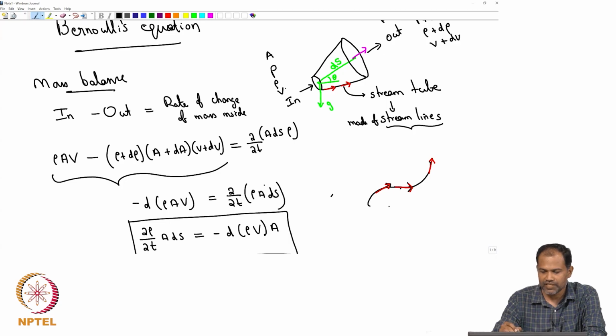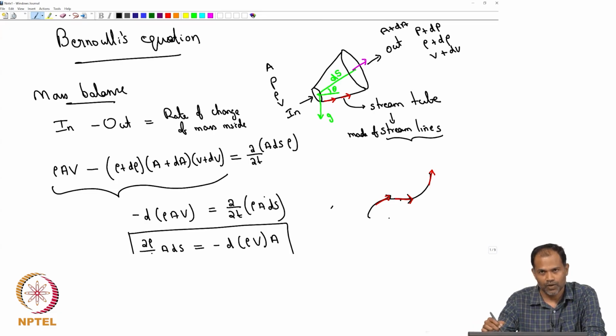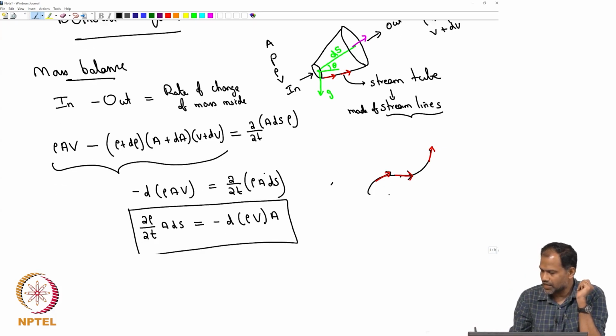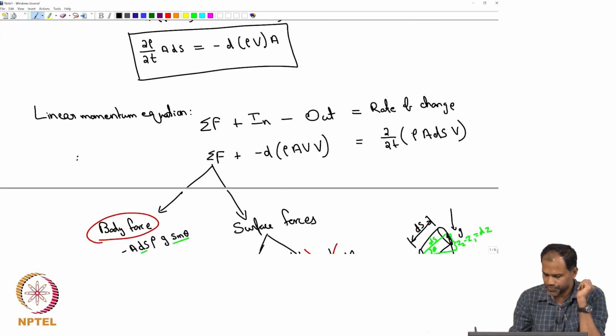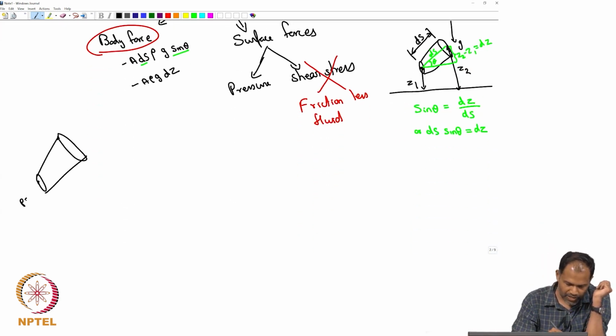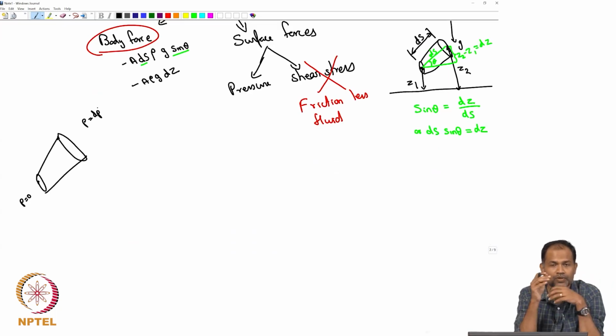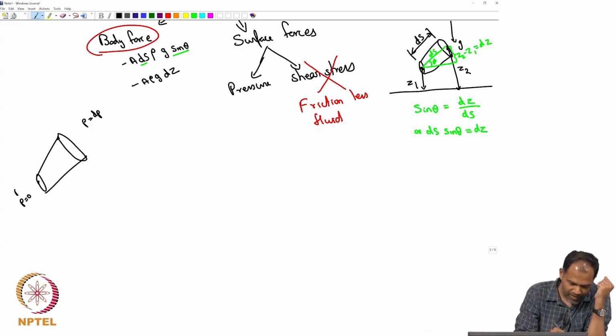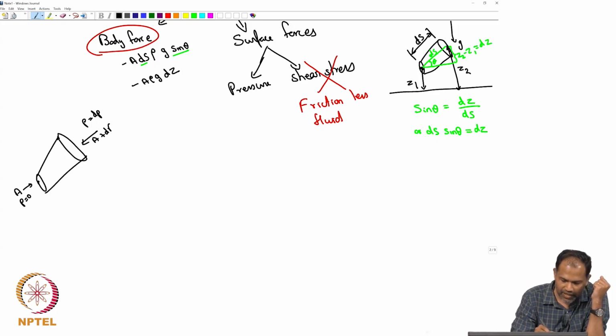There is a P acting on the inlet and there is a P plus delta P acting at the outlet, but we know that it is only the difference in pressure that is going to create a force, and therefore, let us say that the pressure at the inlet is 0 and the pressure at the other side is simply dP, because dP is the one that is going to really constitute the pressure. Here we have an area A and here we have an area A plus dA.